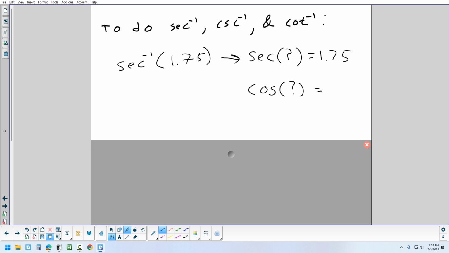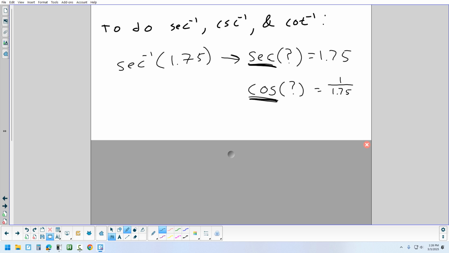Right, you flip it. If you know one, then to get the other one, you flip it. Usually we knew the cosine, and you flipped it to get the secant. If we knew the sine, you could flip it to get the cosecant. And if you knew the tangent, you could flip it to get the cotangent. So what we've just done is turn this from a secant problem into a cosine problem.